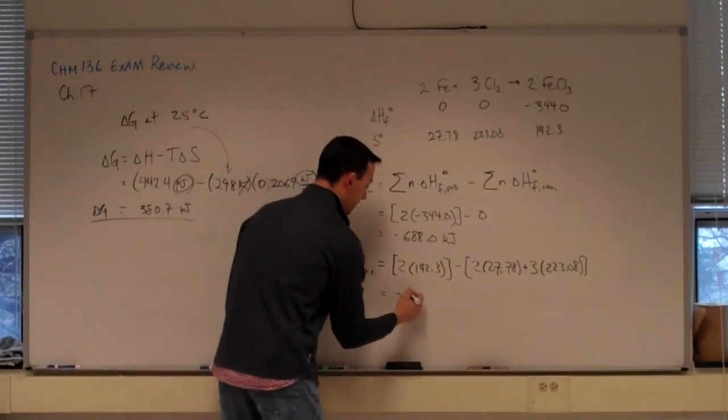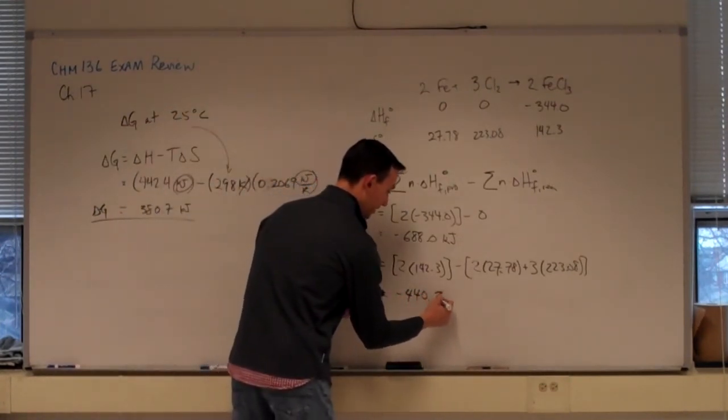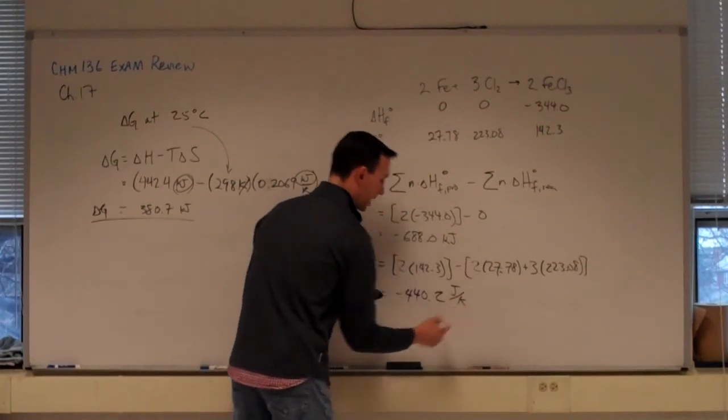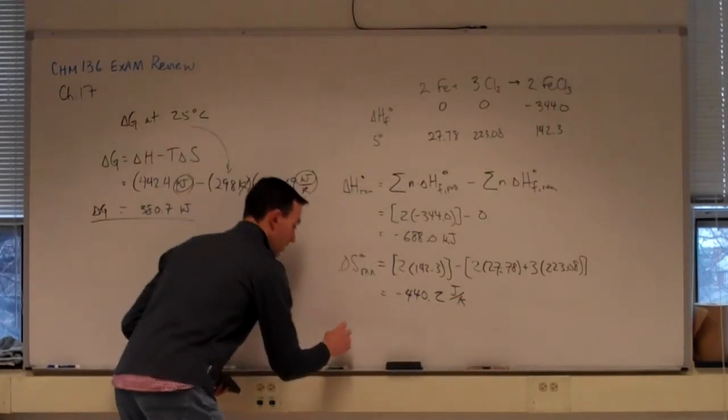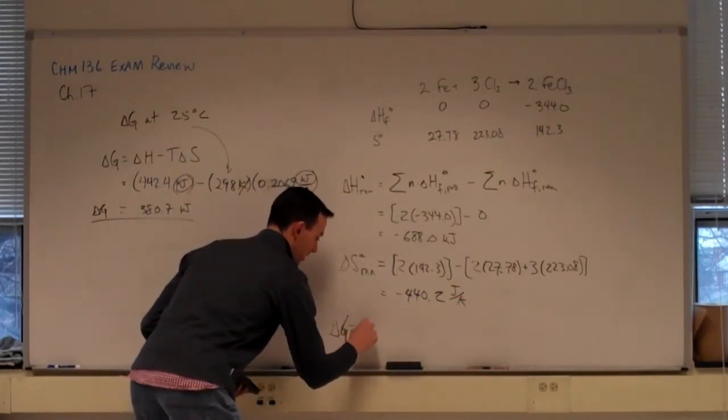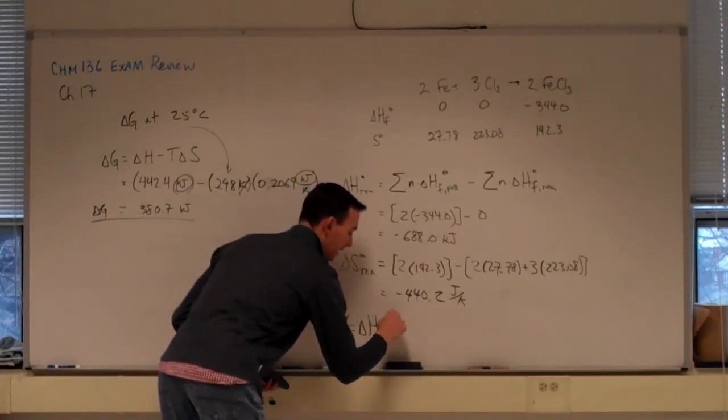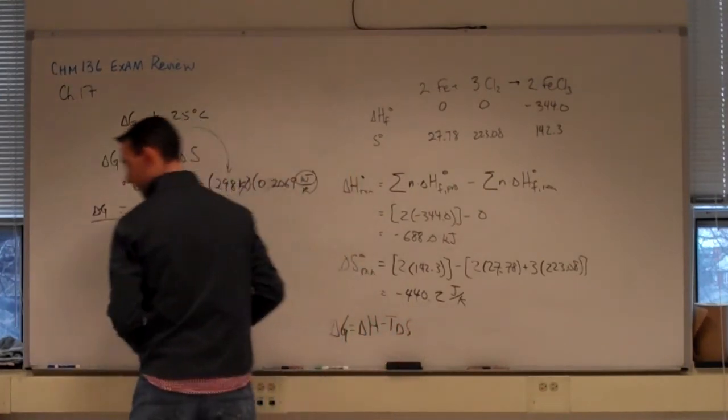Now we got negative 440.2 joules per Kelvin.